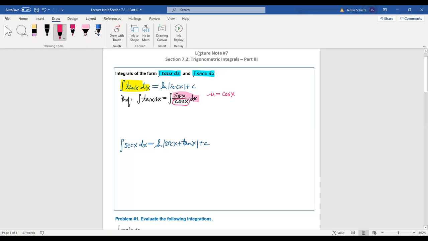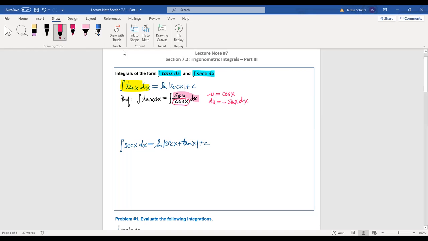So I say u equals cosine x. Then when you take the derivative, du is the derivative of cosine, which is negative sine x dx.